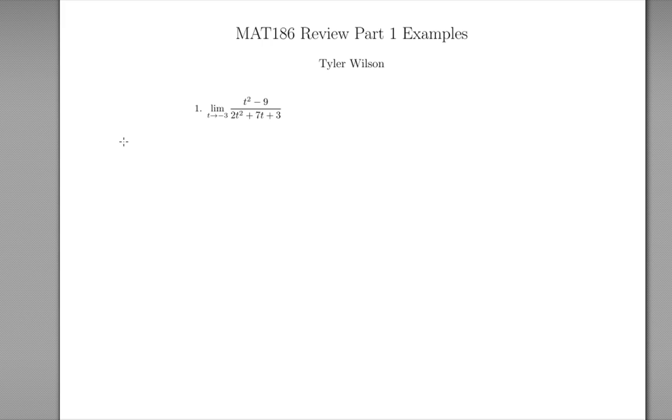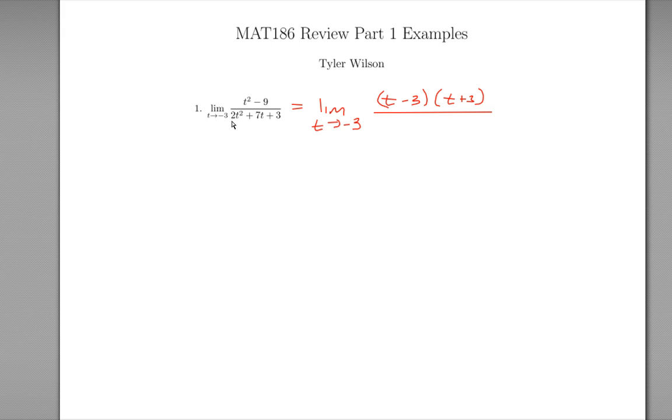The approach that's going to work in this case is going to be factoring. So if you look at this, this is actually a nice little factoring problem. So this is equal to, for example, the limit as t goes to -3 of the top factors into t minus 3 times t plus 3, and the bottom's going to take a little bit of work.